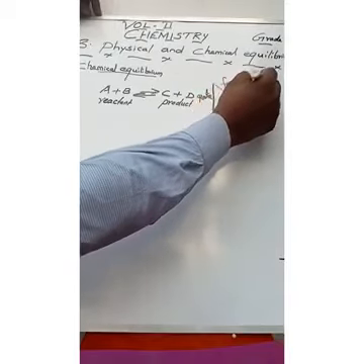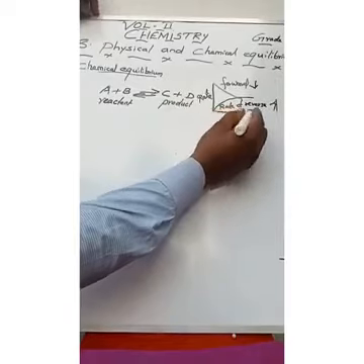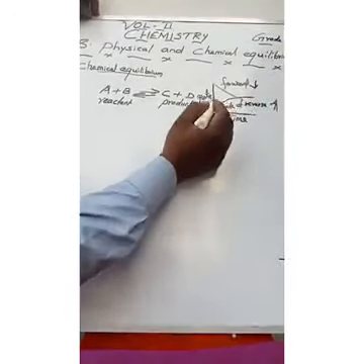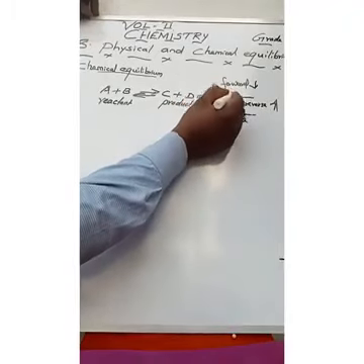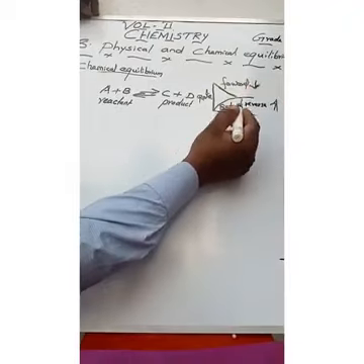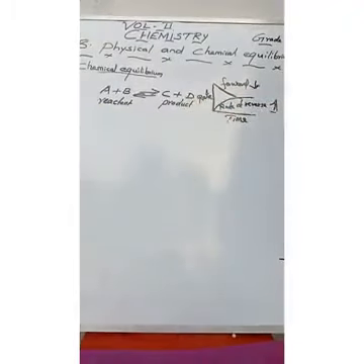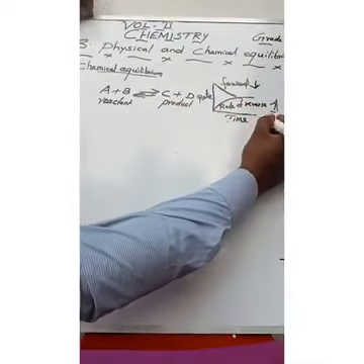So it can be written as equal rates. The rate of the forward reaction is decreasing, the rate of the reverse reaction is increasing, but at an equal rate. So we can say the rates of both reactions, forward and backward, become equal.